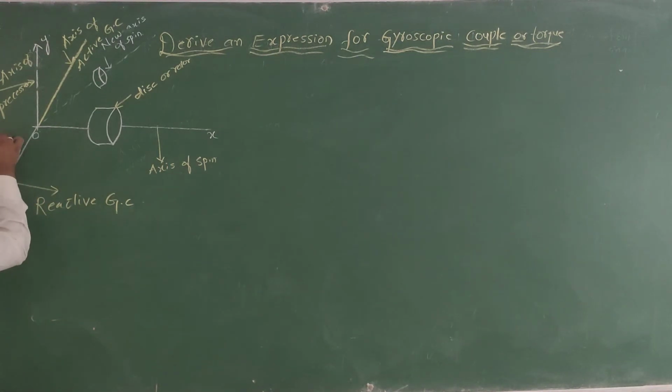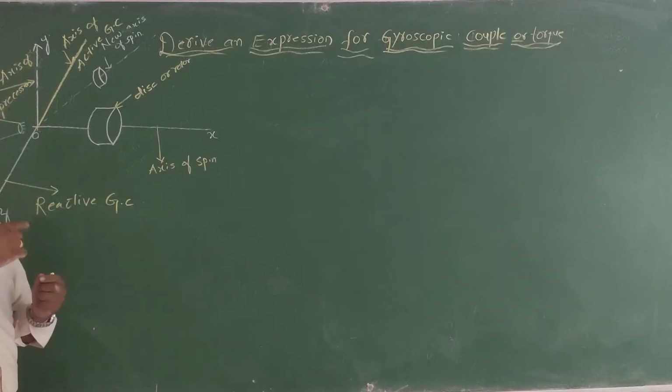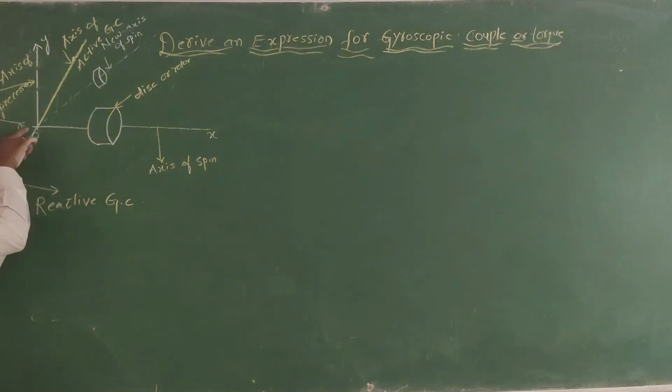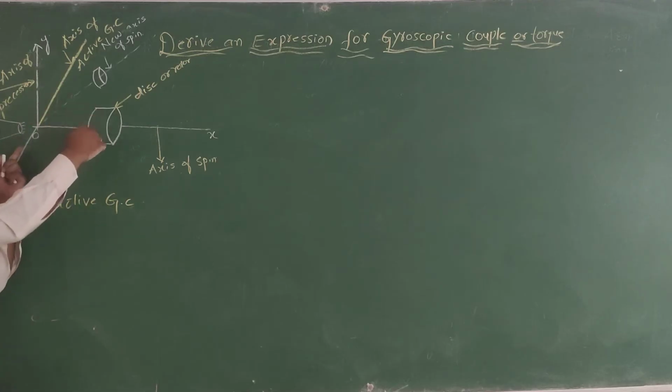Consider an observer observing the disc while the disc is rotating. If you observe from the origin point O, the disc is rotating in the clockwise direction.